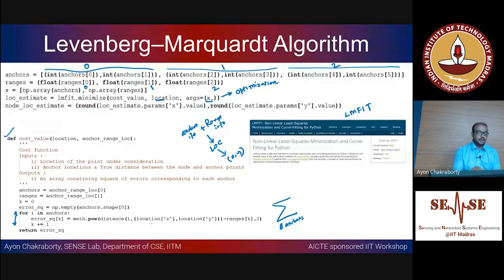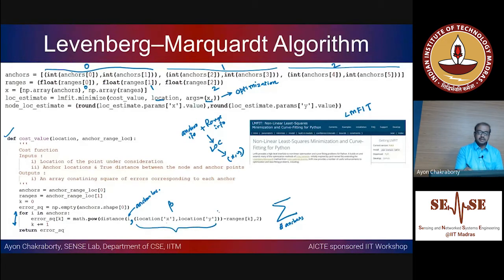I could give you the location of the anchor, and location x, location y is the model parameter. This is your beta, and beta has two components, x and y. So the distance is between the anchor location i, comma, location x, location y, which is your model parameter.